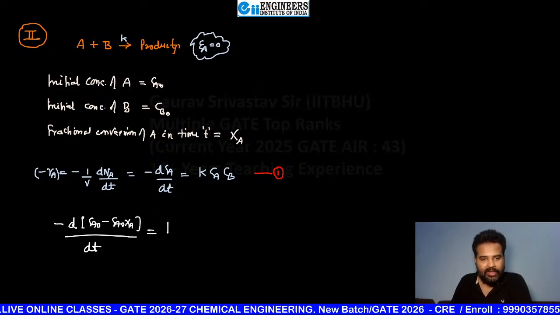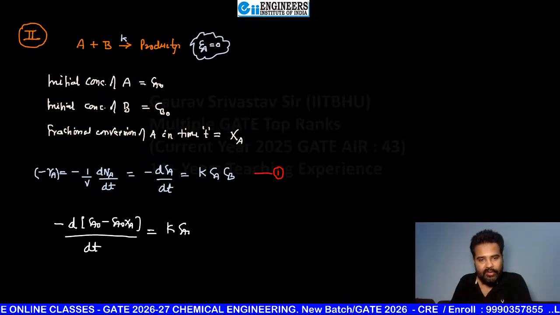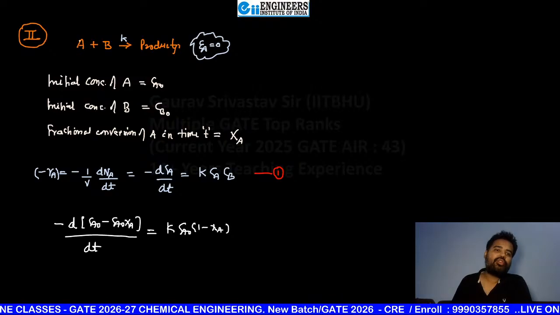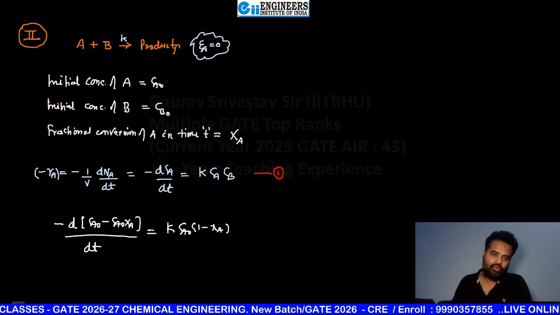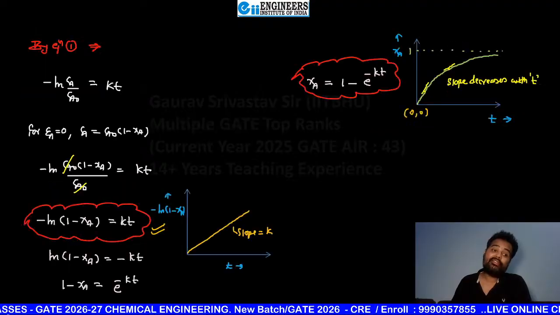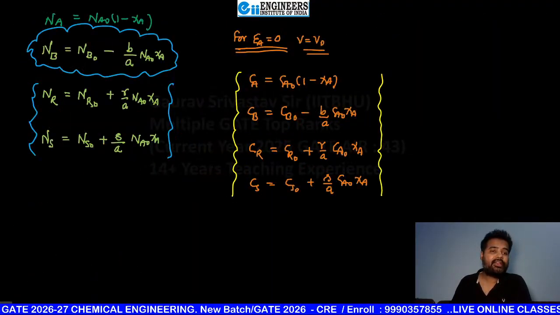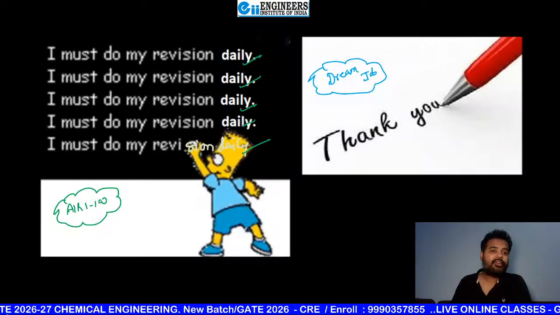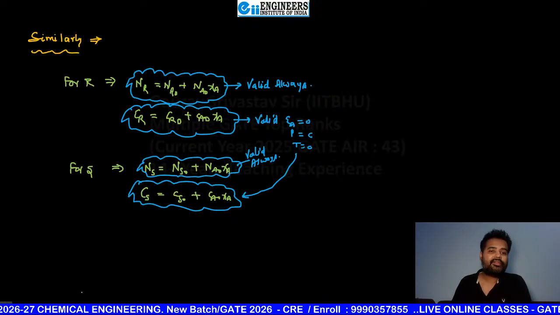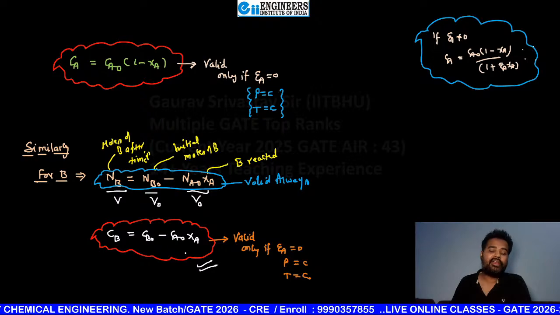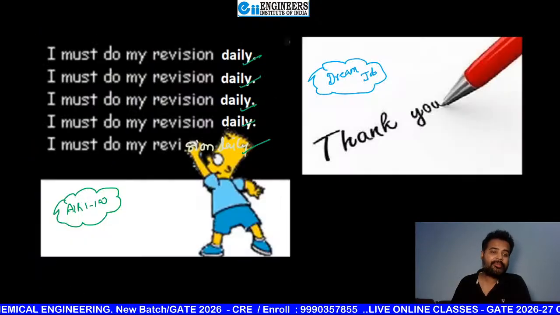And here you can write k, Ca is Ca naught (1 minus Xa), and here Cb. In the previous lecture you had seen, for the initial case, Ca is this one, so Cb can be written like this: Cb naught minus Ca naught Xa.